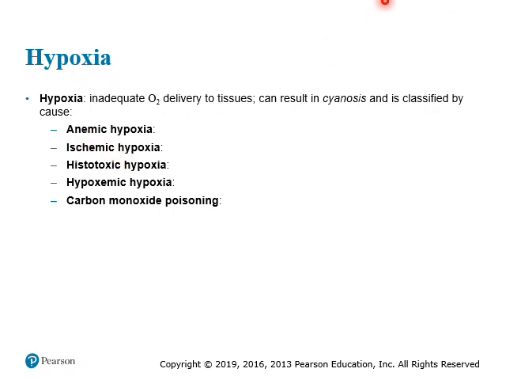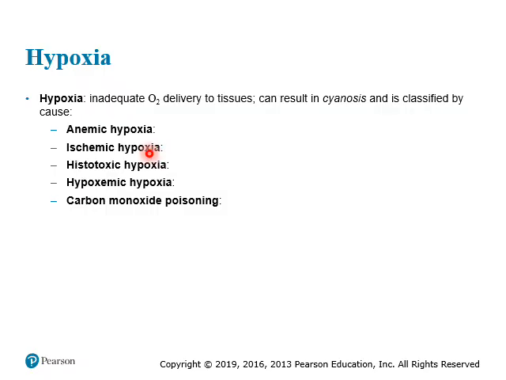Anemic hypoxia is when there are too few red blood cells or the red blood cells are abnormal, so there's maybe too little hemoglobin, and you are going to be gasping for breath. You are hypoxic because you are anemic.